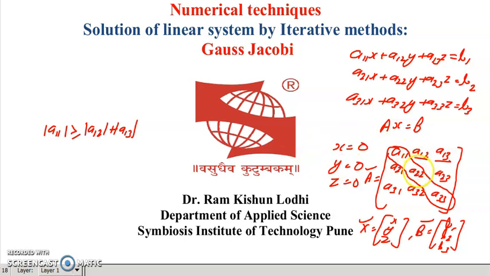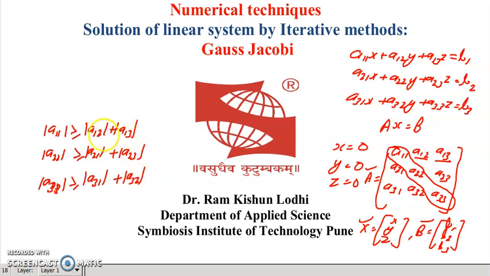The same condition must also be satisfied by the second and third rows. In this row, a22 is greater than or equal to a21 plus a23, and a33 is greater than or equal to a31 plus a32.